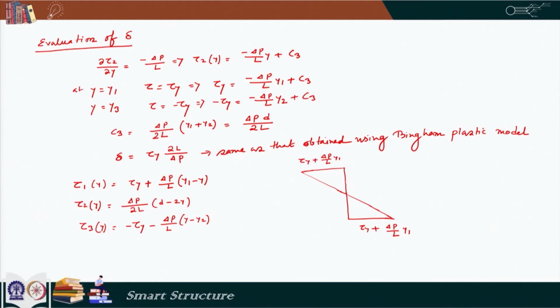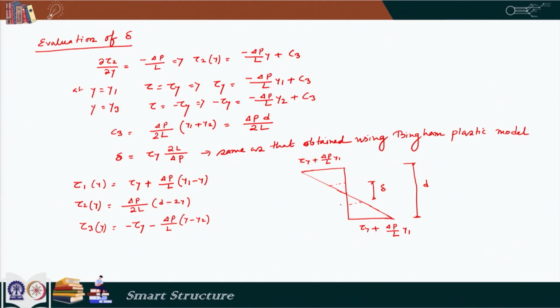Here it is 0, we have some plug thickness delta, and so this amount is delta and this entire distance is d. And if we want to evaluate tau at y1, if we just put y equal to y1, then this quantity becomes 0.